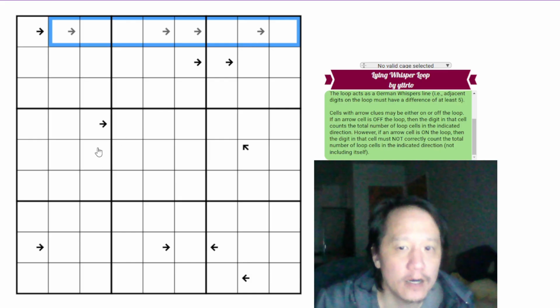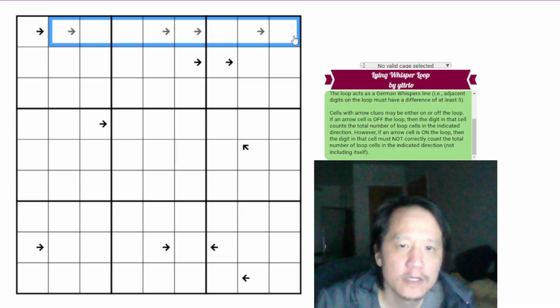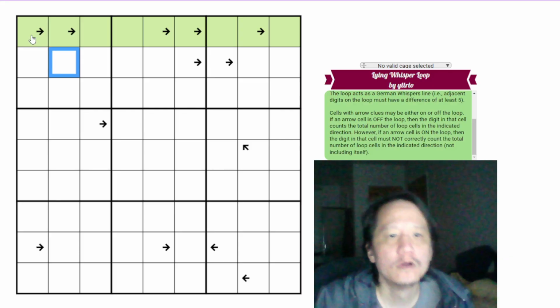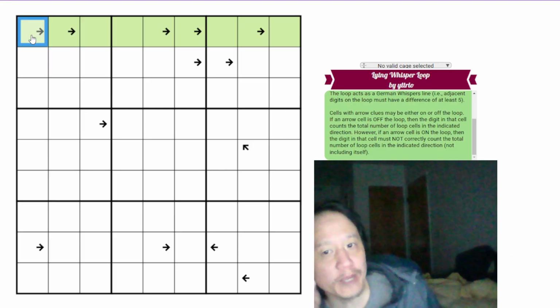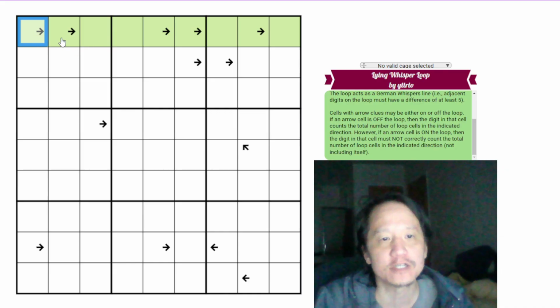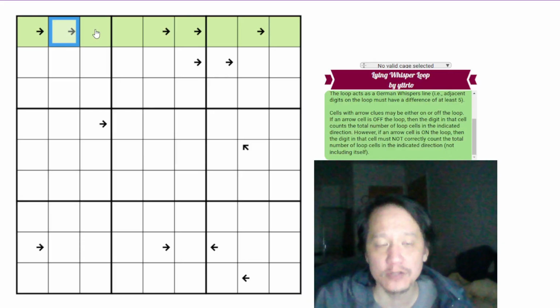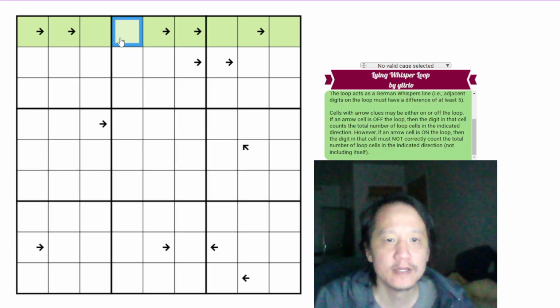However, if it's on the loop, then the digit must not correctly count the total number of loop cells in the direction. So say this was part of the loop. All of this was part of the loop. Since this is on the loop, it cannot correctly count the total number of loop cells in the indicated direction. So this one could not be 8. And then this one, since it's on the loop, cannot be 7, et cetera.